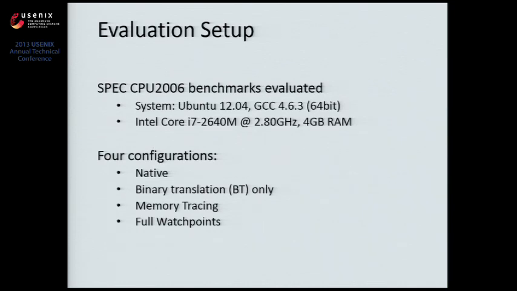We then look at binary translation only, the overhead of cross-ISA binary translation. We then look at memory tracing, which basically lists the overhead of accessing the additional shadow state for each location, and full watch points, where we set a whole set of watch points and do the full evaluation, not just looking up the memory, but also adding the additional handlers and taking care of these checks.